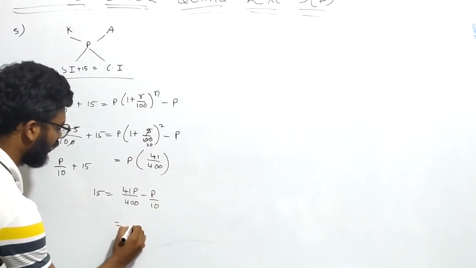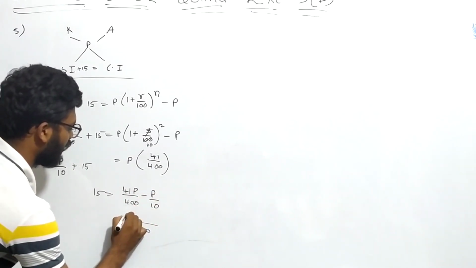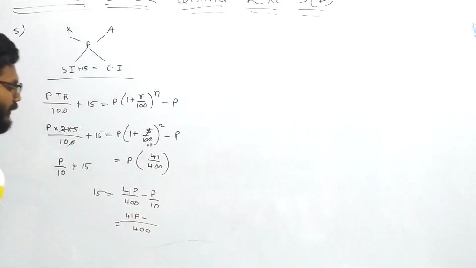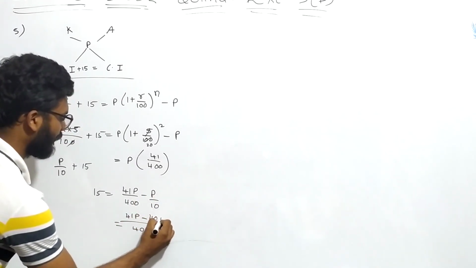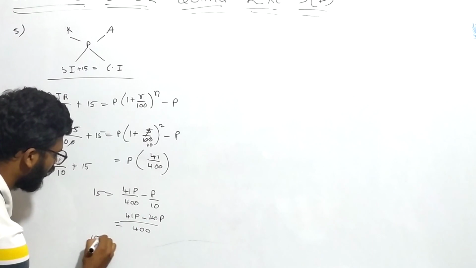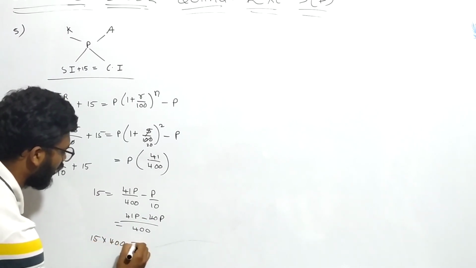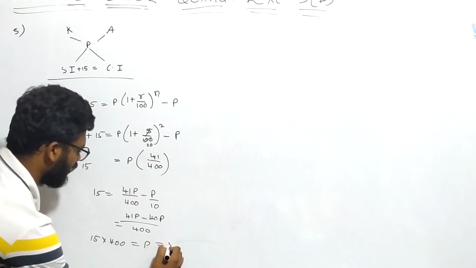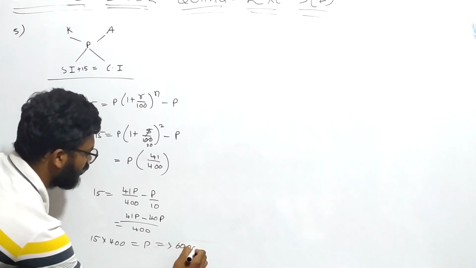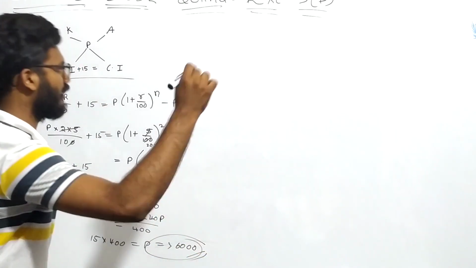So LCM is 400. So 41P minus 40P. Therefore, P is equal to 15 into 400. So 15 4 is 60, so it is 6,000 rupees.